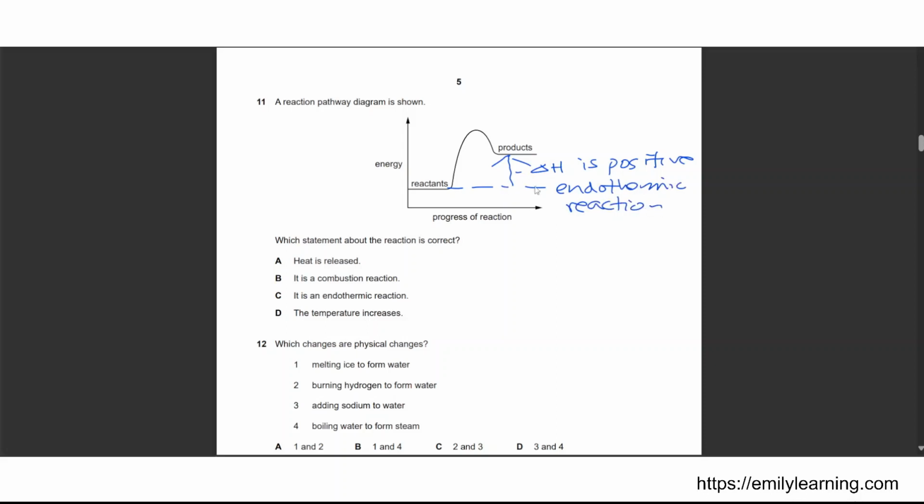If it is an endothermic reaction, heat is absorbed, and the temperature decreases because you absorb heat from the surrounding, so you can think of it as less heat in the surrounding, so temperature decreases. Based on all that we have written here, only C is correct. So 11 is C.